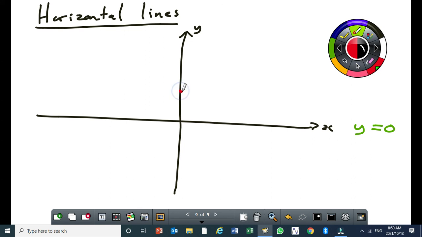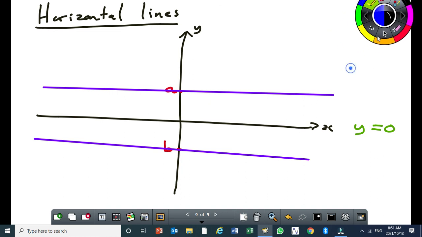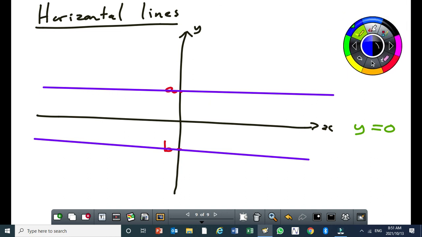So if I call this point here A, and that point B, and I draw a horizontal line, like that, and then another one, these two straight lines have got equations.